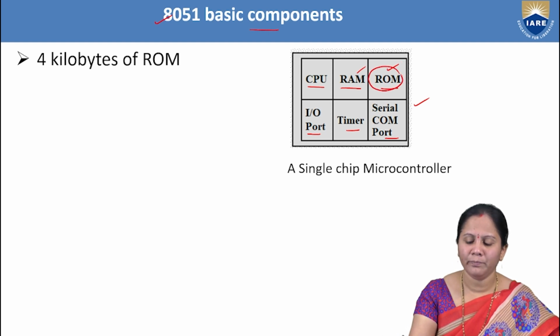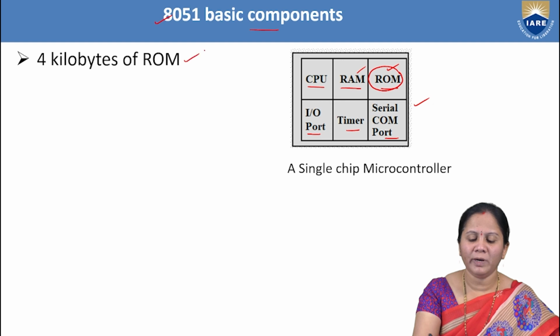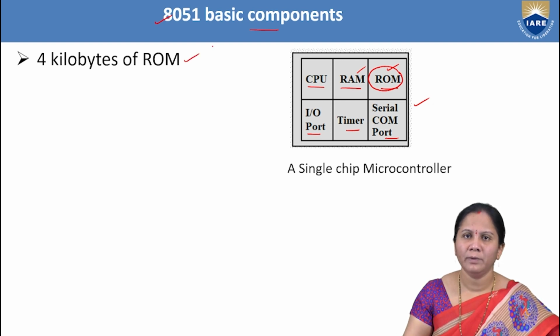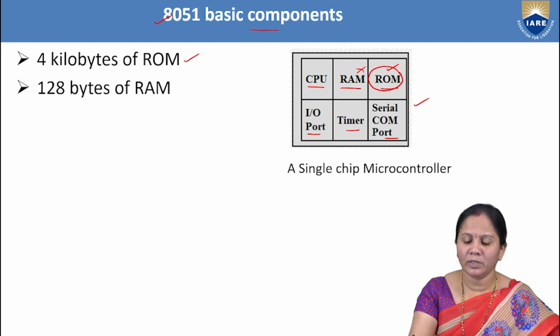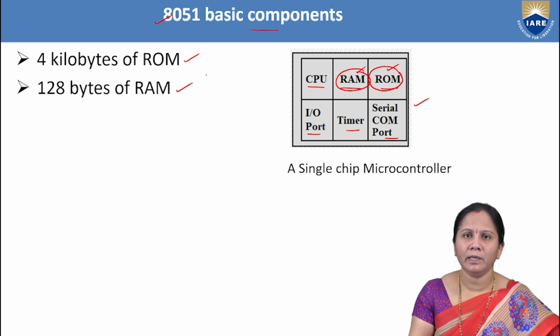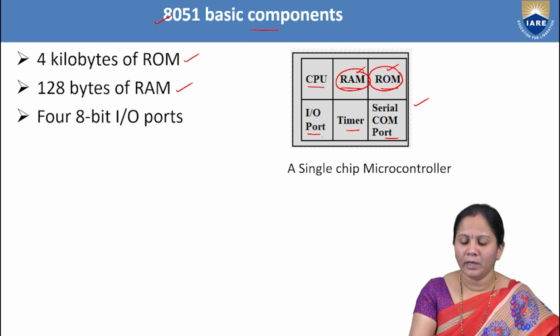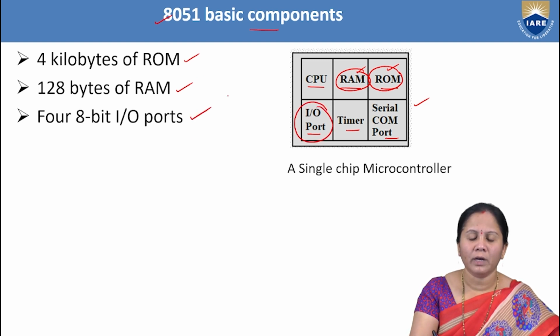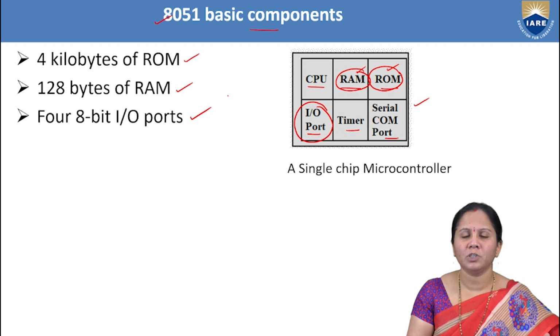So 4 kilobytes of ROM is available, and 128 bytes of RAM. There are 4 IO ports, that is port 0, port 1, port 2 and port 3.